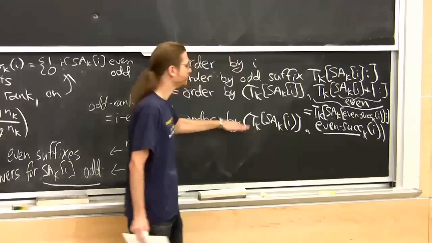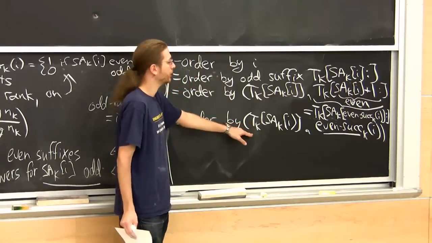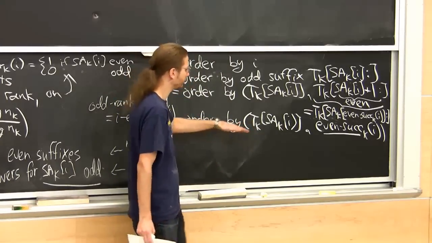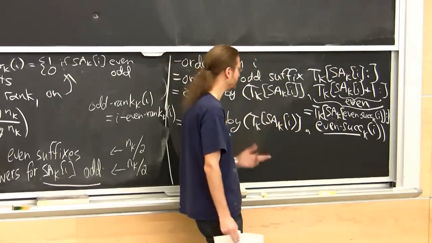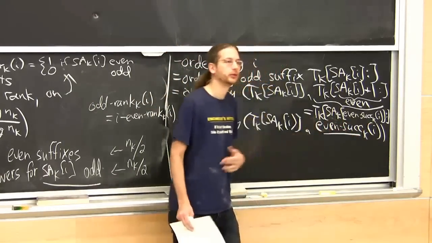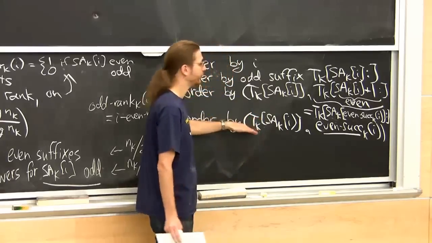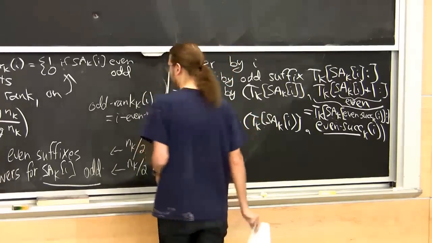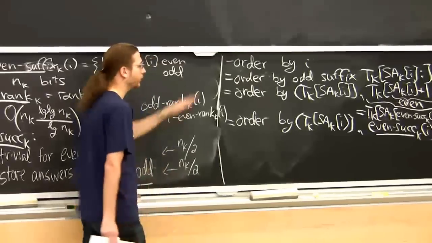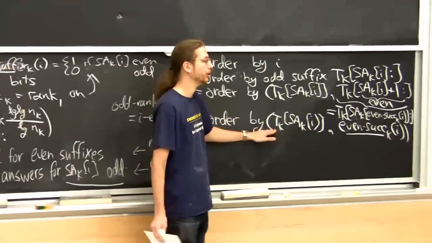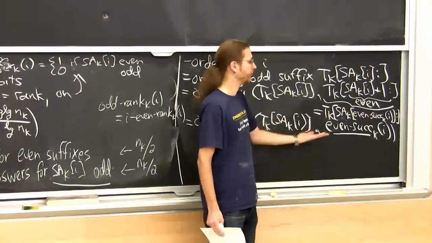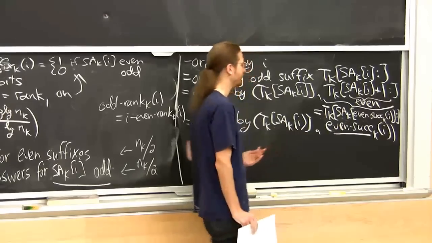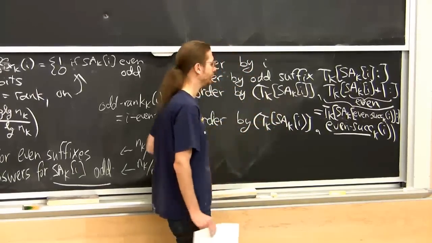So these are the pairs I'm going to store. I'm going to store this, comma this, for all I, in order by this value. That is my goal. If I could store these in order by this value, then by computing odd rank, I know where in this list of pairs to go. And then I just look at the second value of the pair. That is my answer. Why am I storing this? We'll see.